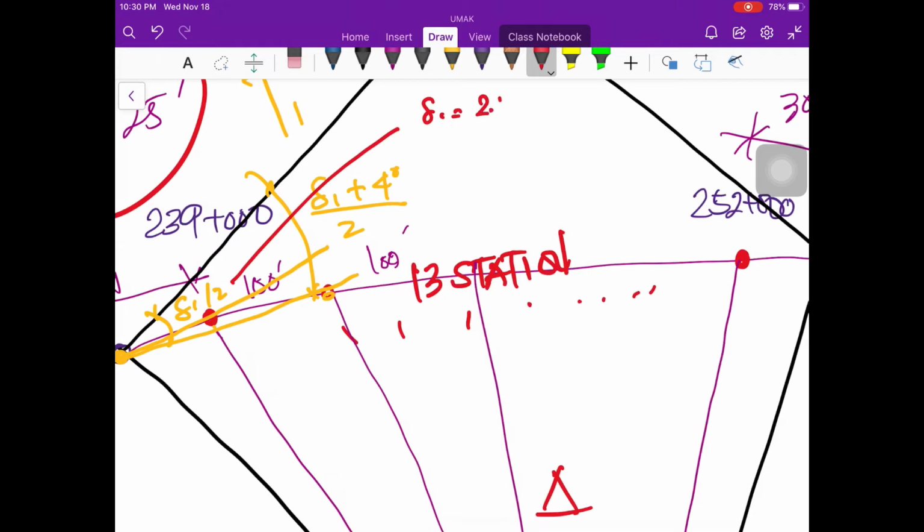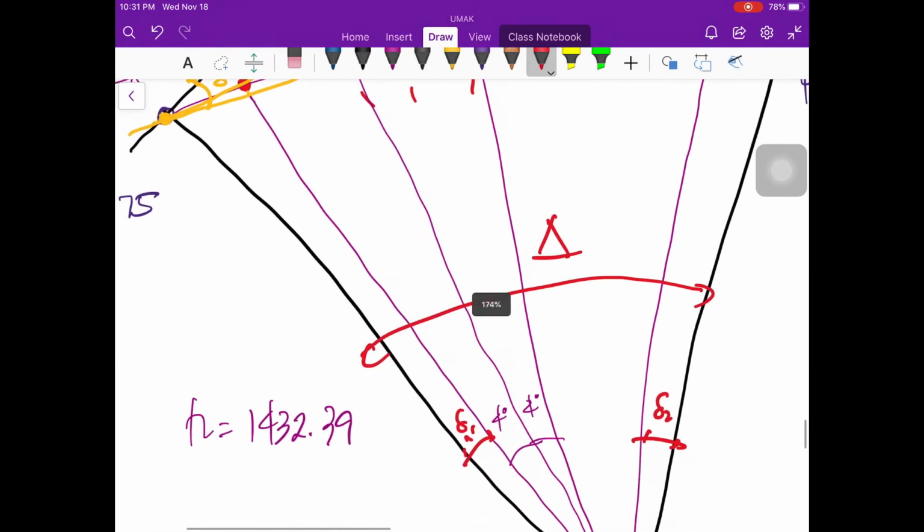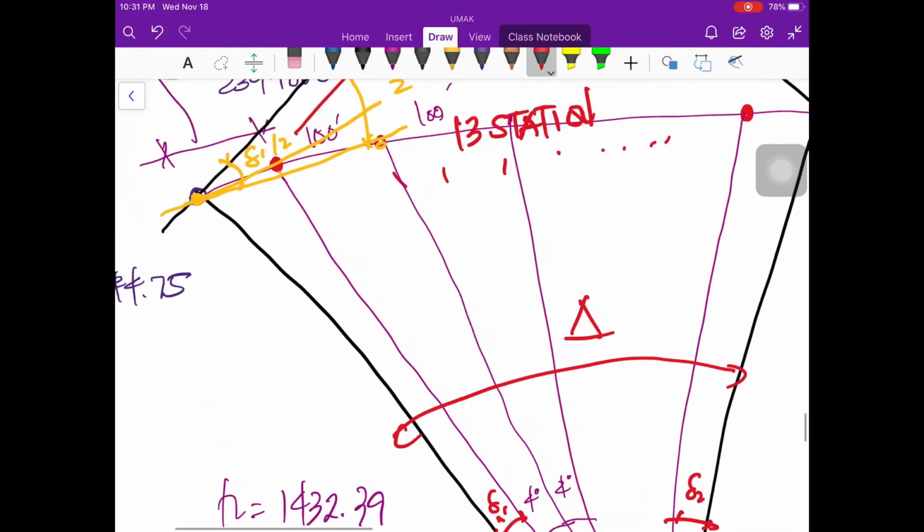Gamma 1 over 2 is 2.21 divided by 2, so that's 1.105 degrees, or 1 degree 6 minutes and 18 seconds, because this is only half of the deflection angle.